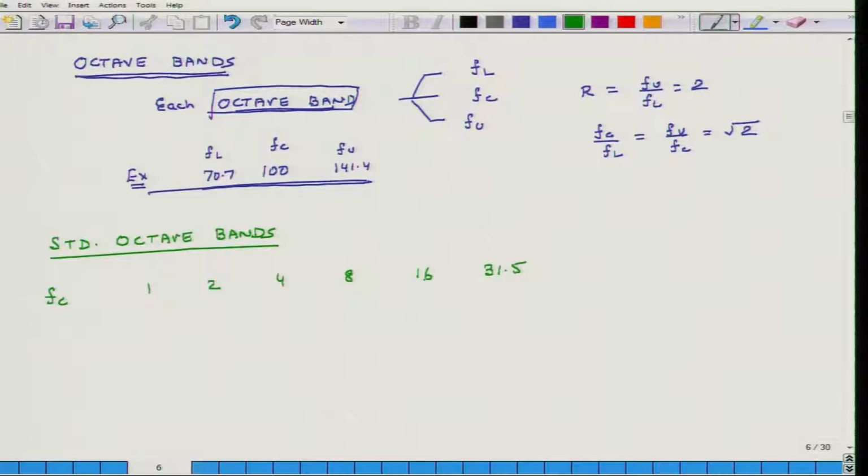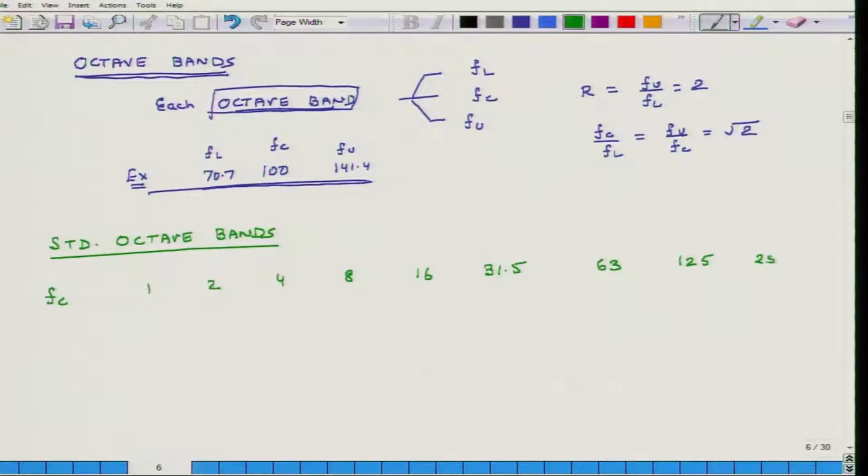So, from 16 I do not go to 31 or 32. I rather go to 31.5 because we will see it becomes a little convenient mathematically. The next one is 63 and then the next one should be 126, but we do not use 126, rather we say 125.